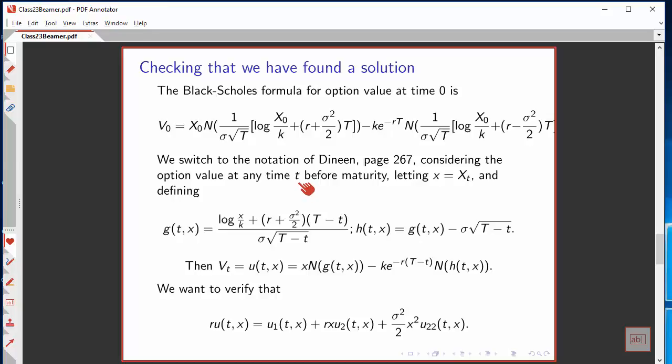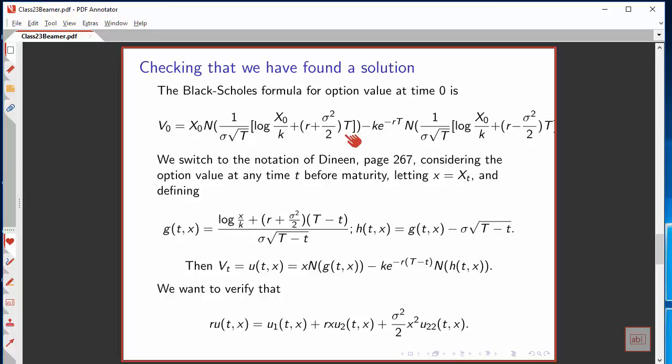We'll consider the value of the option at any time t that's in between 0 and the maturity time, capital T. Instead of writing capital X sub t, the value of the random variable x at time little t, I will just use the symbol x, and I will define a couple of functions, g and h.